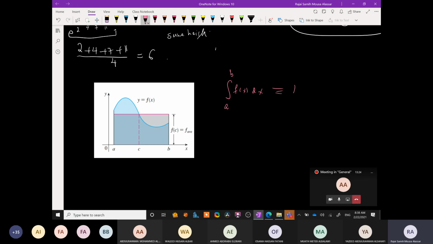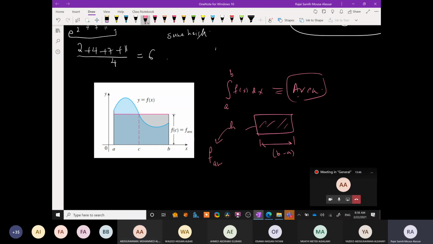That is supposed to give me an area, isn't it? Now, it's an area, and that should be equivalent to this area. But this area is what? What is this length? It is b minus a. And this is the height, or what do we call this height? F average. Exactly, this is the average value.